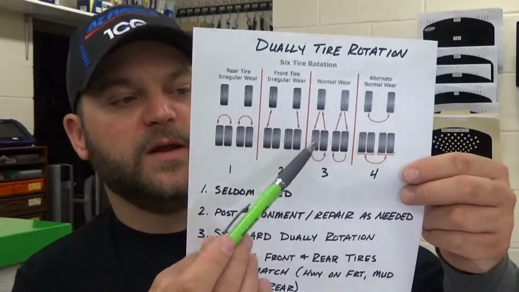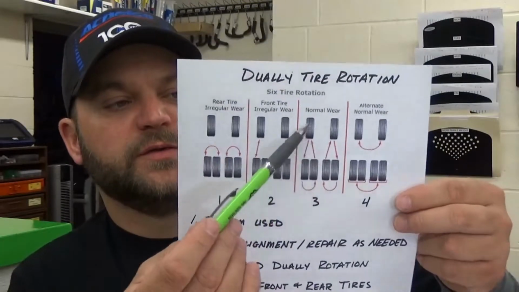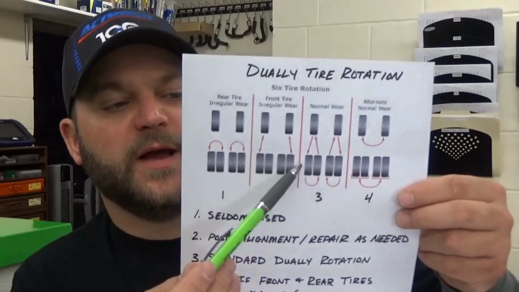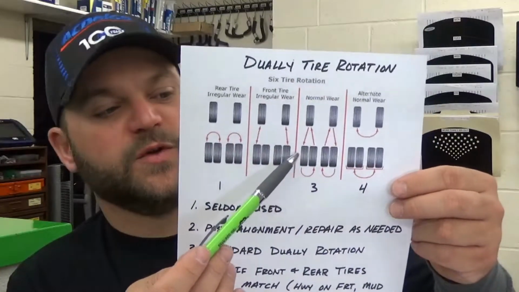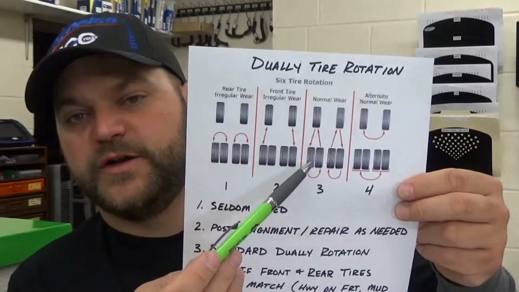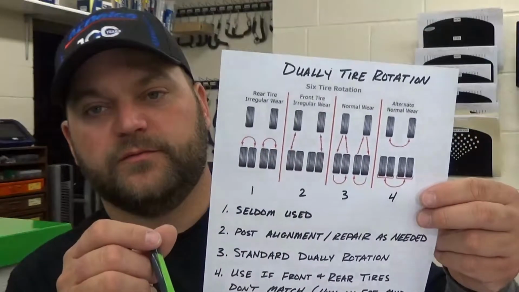The standard dually rotation is going to be pattern number 3. Pattern number 3 takes the outer dual to the inner dual, the inner dual to the front, and the front to the outer dual. So you are changing position of all tires, but you're also changing direction of the front and the outer dual.